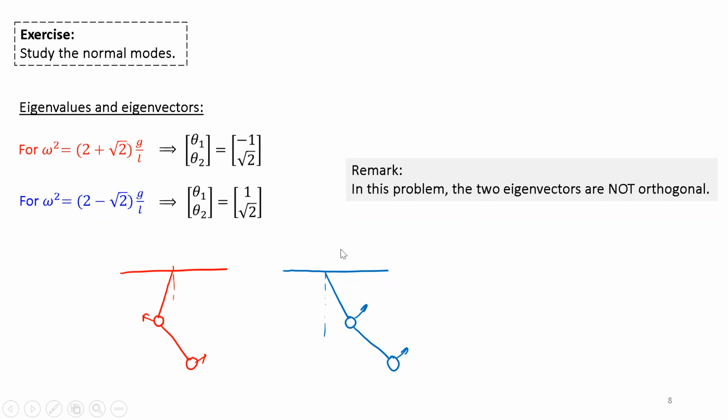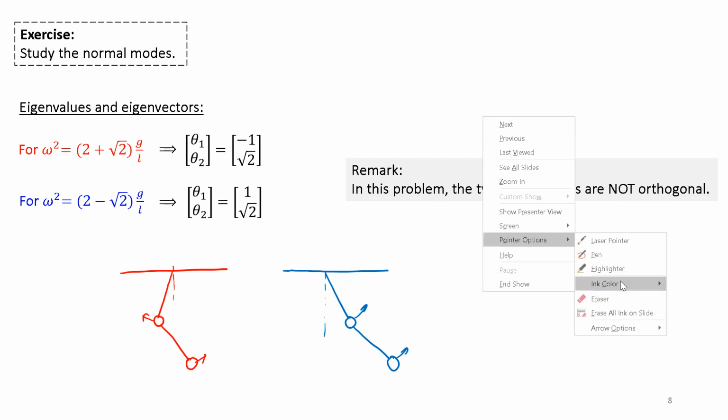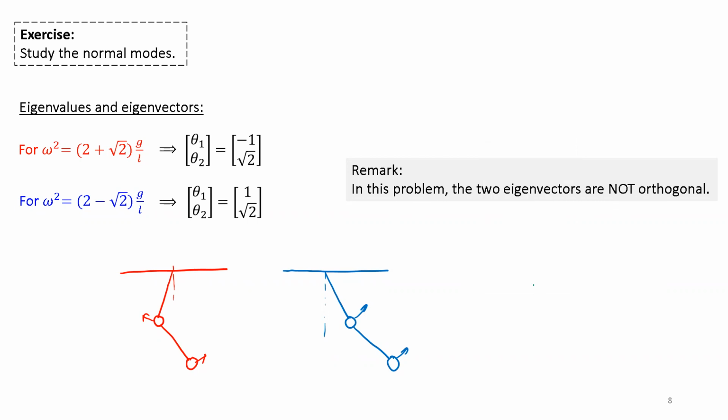And one thing interesting to notice, which I didn't really mention much and will next time, is about the orthogonality of the two eigenvectors. Remember when we talked about the mass spring system, right? So the eigenvectors are these two, symmetric and anti-symmetric.